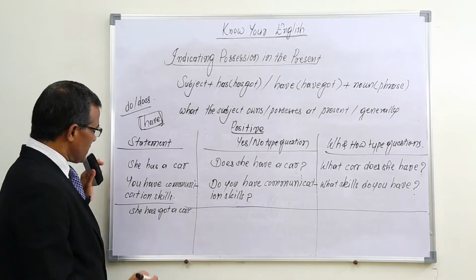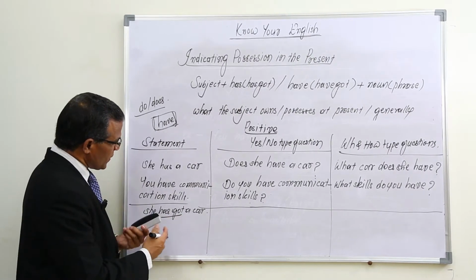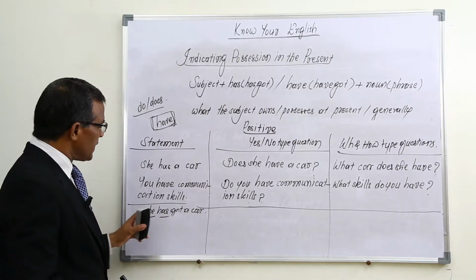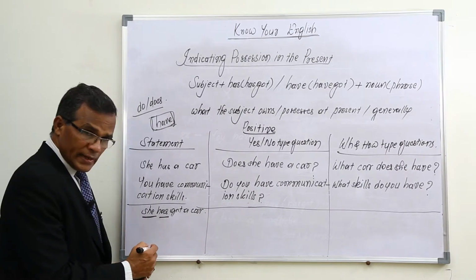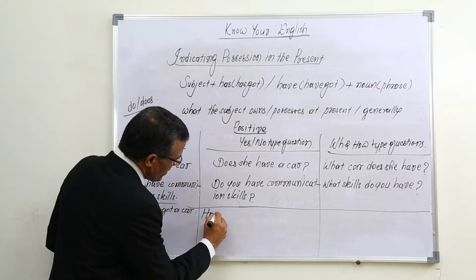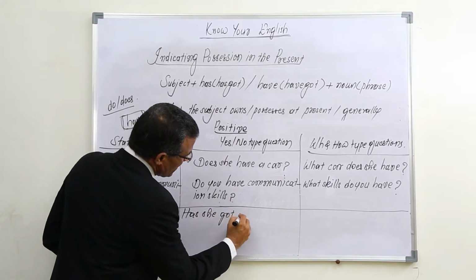And the question here: simply the subject and has got are there, no? So we have to change only, has she got a car. Simply we have to change has and she. So has she got a car? Has she got a car?